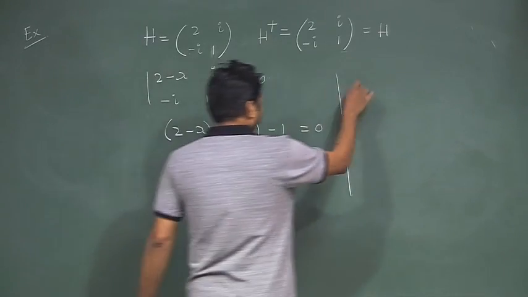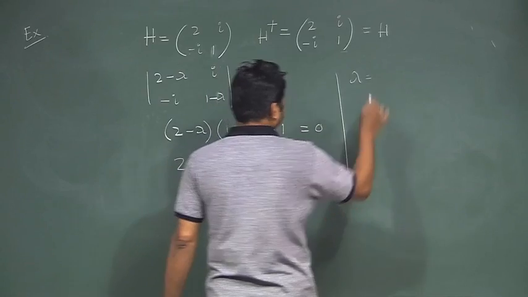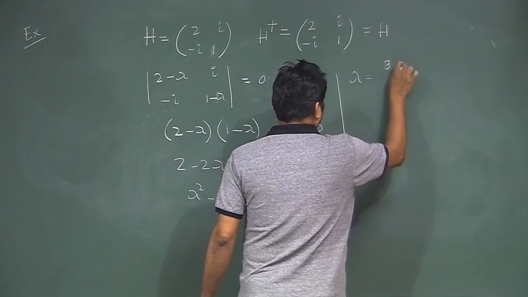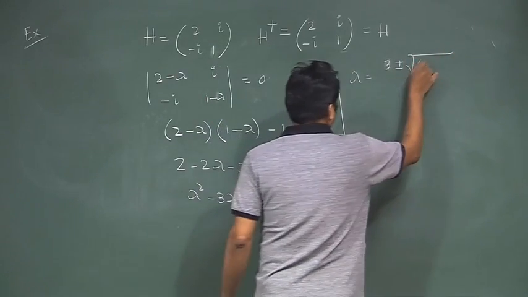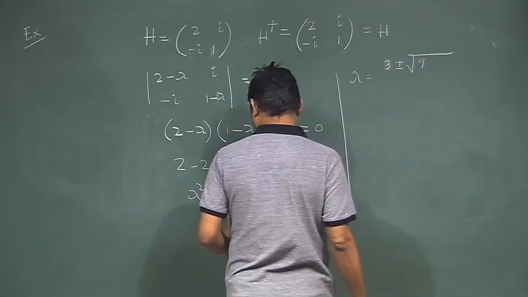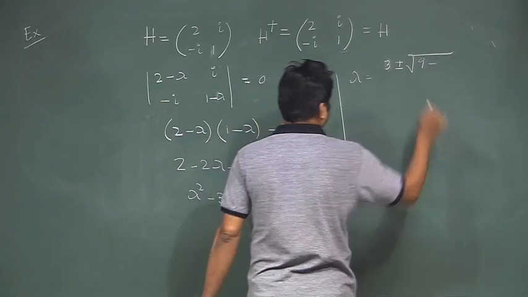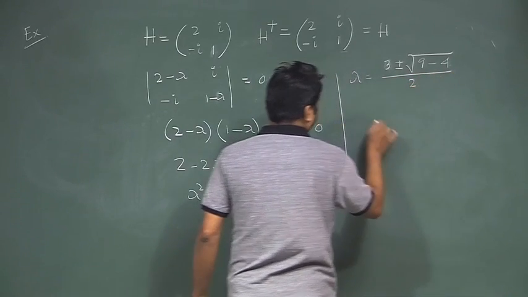So, my lambda will be minus b plus minus root of b square, which is 9, minus 4ac, which is 4, divided by 2a, which is 2.